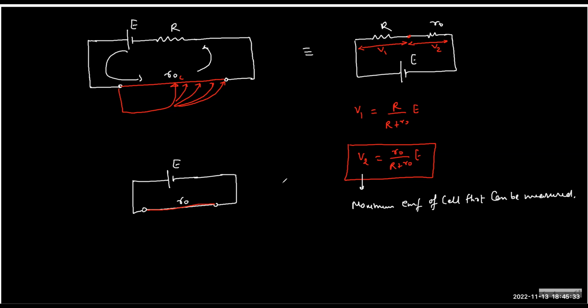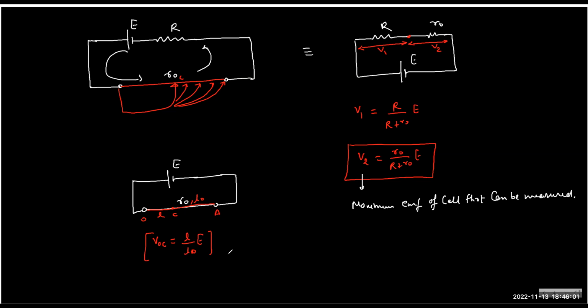In this case, if this is L naught, and you choose a point here, let's say this is O, this is A, this is C. If I call this L, what is the VOC equivalent of? VOC will be equivalent to L by L naught into E. Do you realize this?